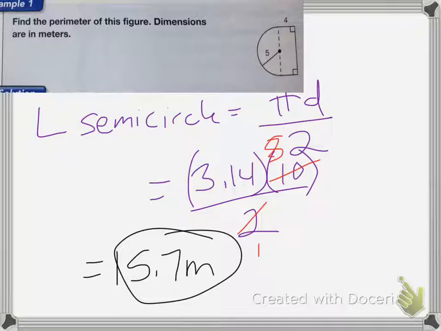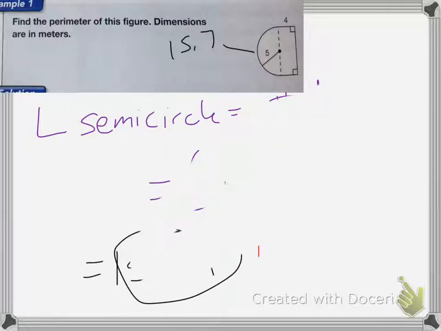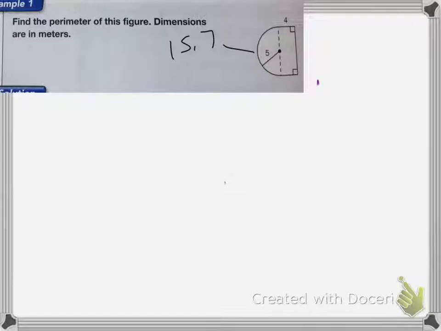Okay, so that's just my semicircle, 15.7. But I need to find the entire shape. So now I'm going to find the perimeter of the rest of this figure, the square. So the perimeter is going to equal 10 meters.